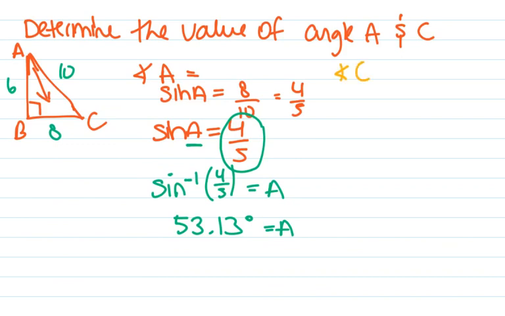Now angle C, we can choose sine, cos, or tan, whichever one we like. And in this case, I'm going to use cos C. Looking at angle C now, cos is adjacent over hypotenuse, so adjacent would be 8, and hypotenuse is 10, so that also equals 4/5.